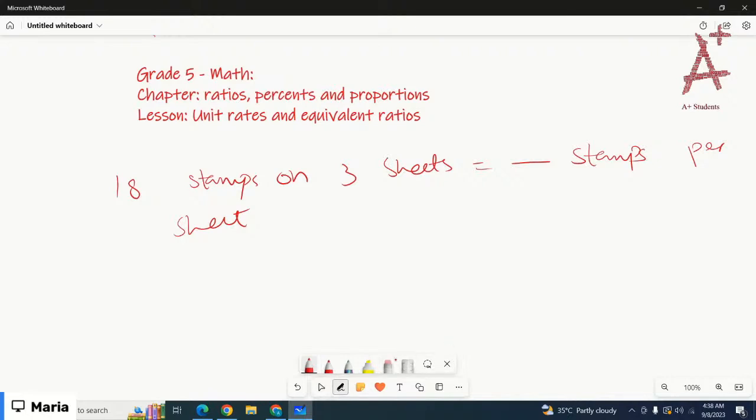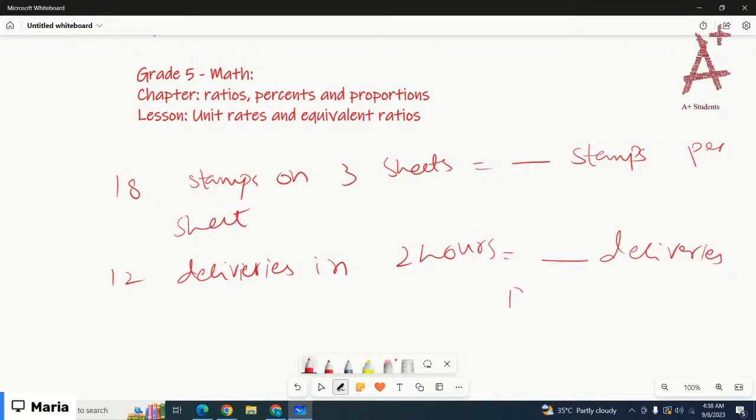Okay, the next one is 12 deliveries in 2 hours. So how many deliveries per hour? Which option is the correct one? Yes, 12 divided by 2 is 6. That means 6 deliveries per hour, right?